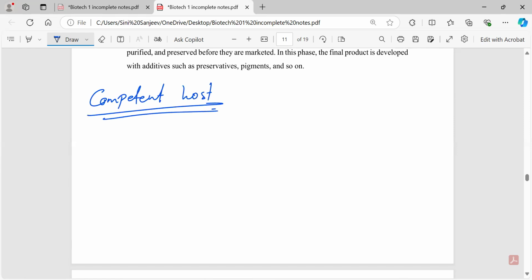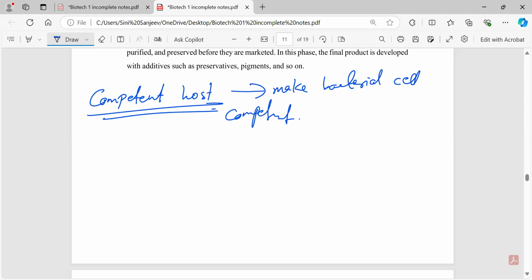This is also an essential tool for recombinant DNA. Usually your DNA is not able to pass through the cell membrane. Hence you have to make your bacterial cell competent. So this is what is called a competent host.